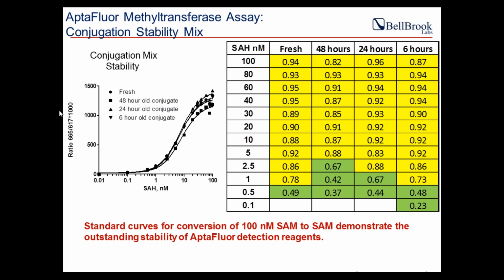But here is a comparison where we made it 6 hours or 24 hours prior, or even 48 hours prior, and you can see that the 48 hours drops down a little bit, but even so, the Z prime values are really good, and we would really want you to do it right before the experiment, but this just gives you an idea that these reagents are really rugged.